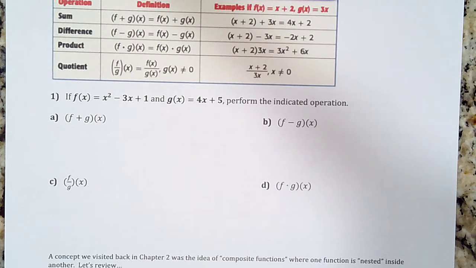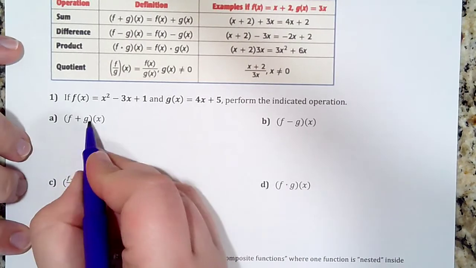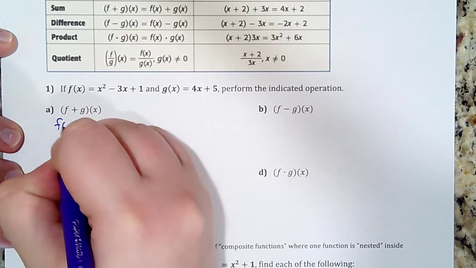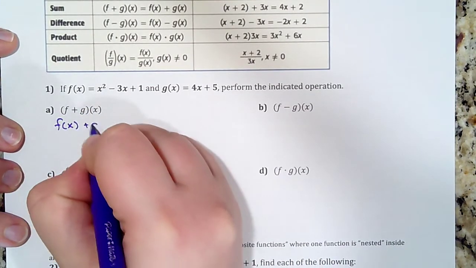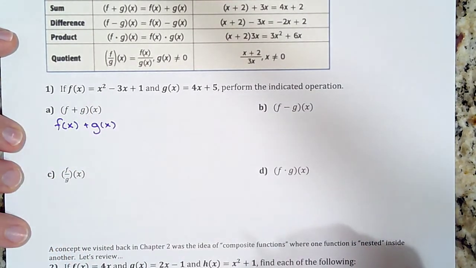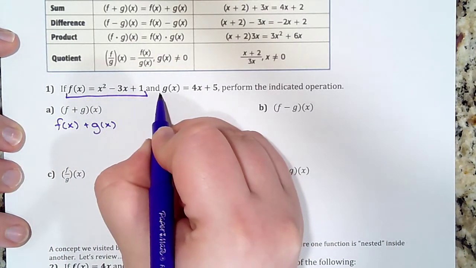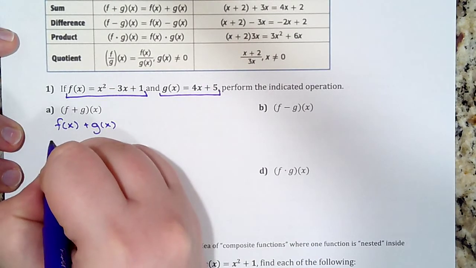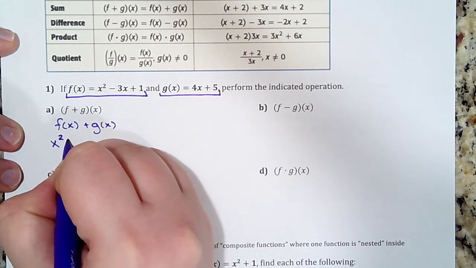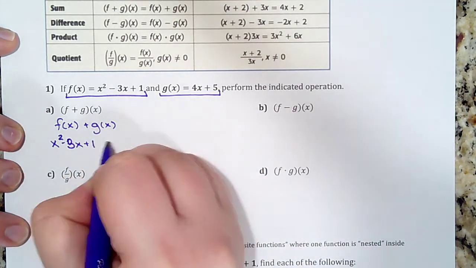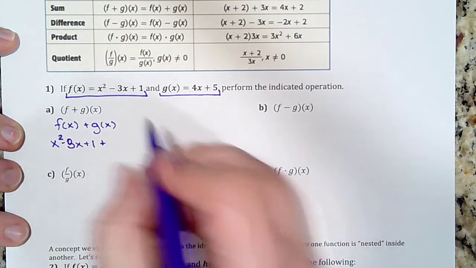Remember, just as I was talking about up above, if you see the two pieces in here together, all that's saying is it's the same thing as f of x plus g of x, in which case we can bring these function pieces directly down and plug them in. F of x is x squared minus 3x plus 1 plus g of x.